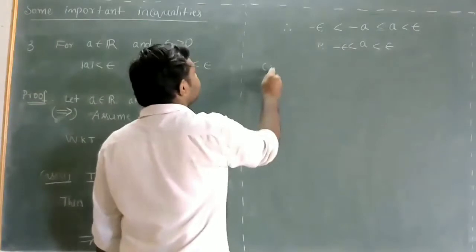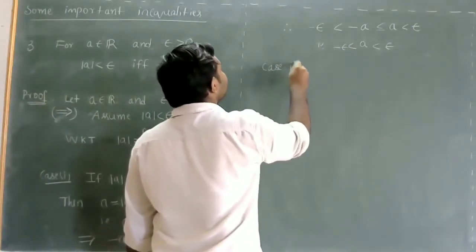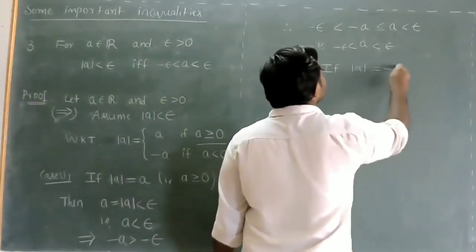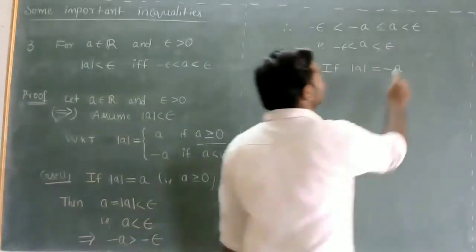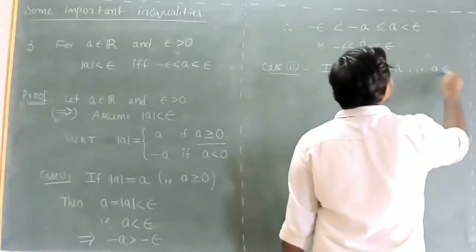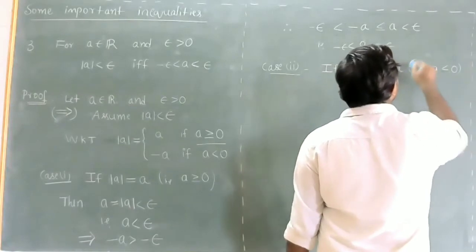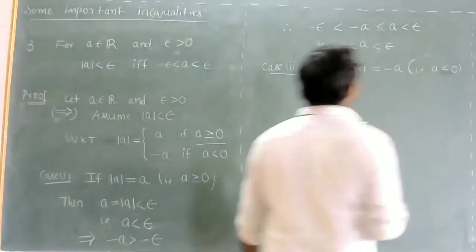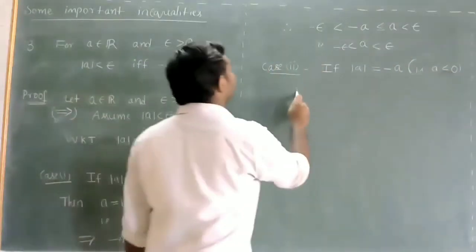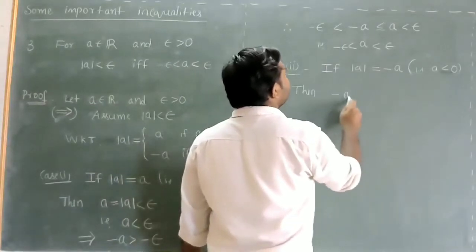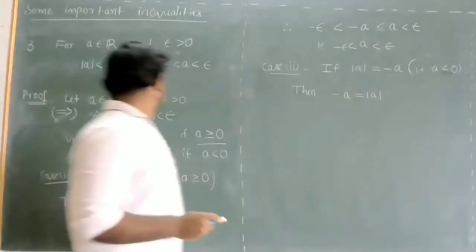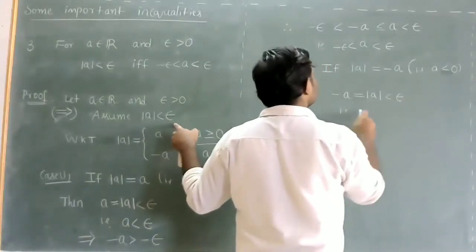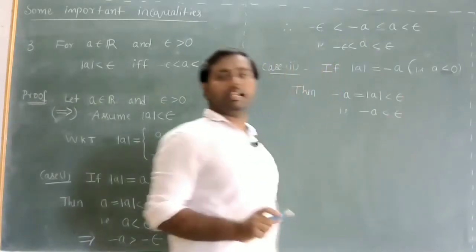The other case, case 2, if modulus of a is minus a, that is the case if a is negative. In this case, minus a is nothing but modulus of a, and modulus of a is given to be less than epsilon. So that is, minus a will be less than epsilon.